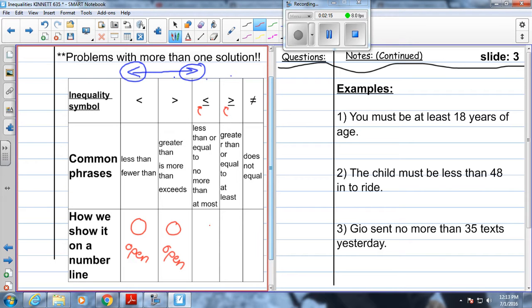And in those cases, we have to use filled in circles, or the terminology is closed. So we fill them in, or they're closed. And we're going to see how that true-false analysis helps in this lesson as well. The does not equal sign is an open circle.